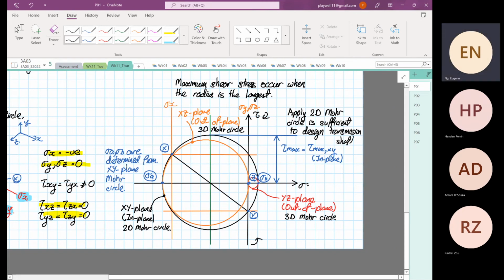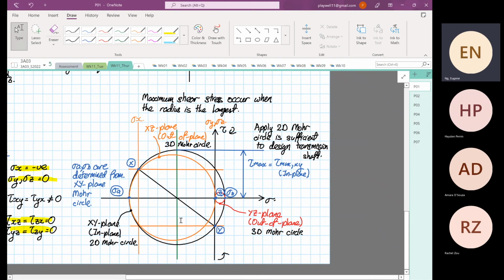You don't need 3D Mohr circle, because when you apply the 3D Mohr circle in the YZ plane and the XZ plane, there's no added value information that's required. So that's why in most shaft design, we focus on 2D Mohr circle. It's not necessary to go into 3D Mohr circle.